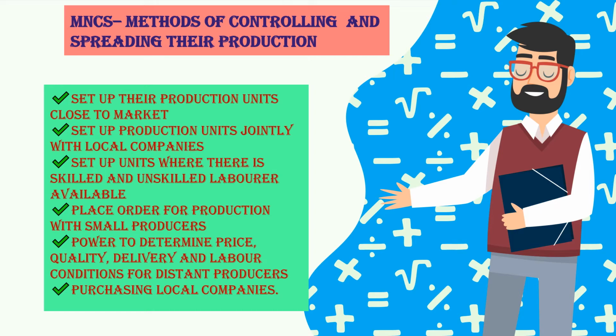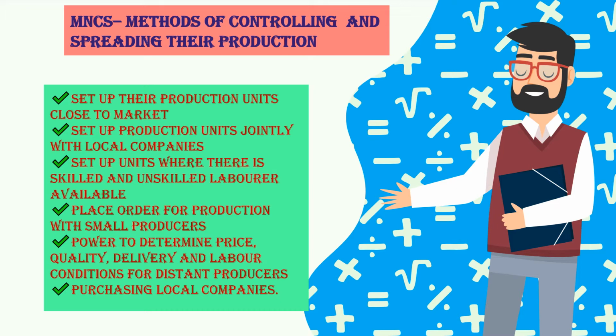Now children, let's see what steps MNCs take to spread their production units in other countries. Number one, they set up their production unit close to the market. Number two, they enter into joint ventures with the local company of that country. Number three, they set up their factory where they can get cheap, skilled and unskilled labor.